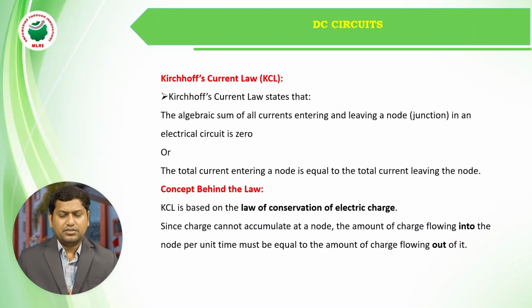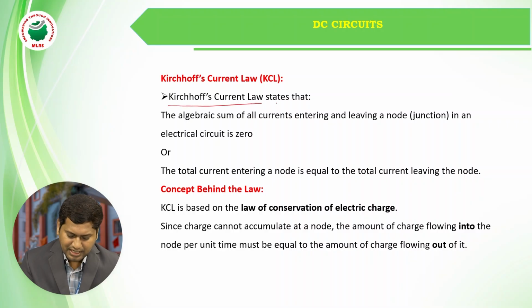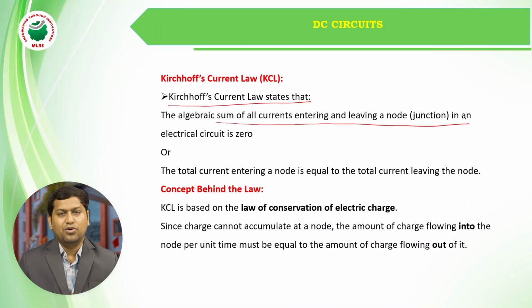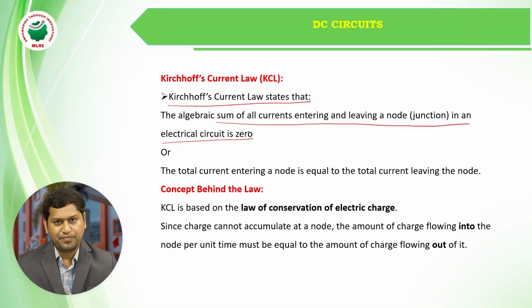Next, let us go with the Kirchhoff's current law statement. Kirchhoff's current law states that the algebraic sum of all currents entering and leaving a node or junction in an electric circuit is 0.